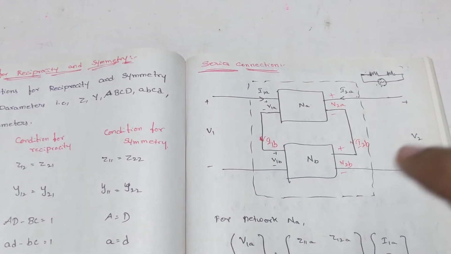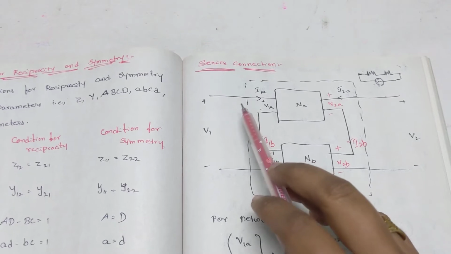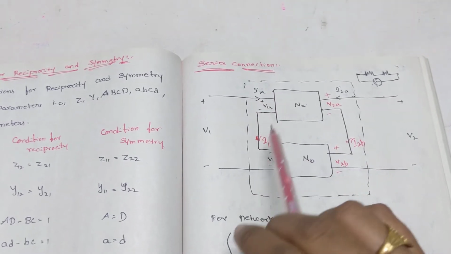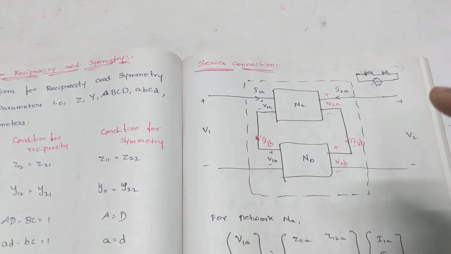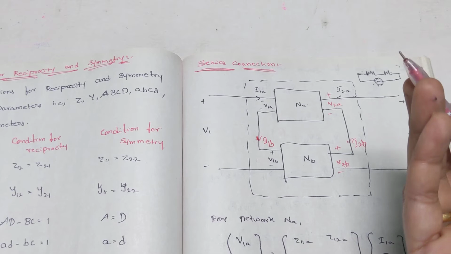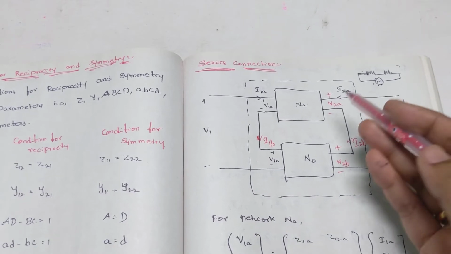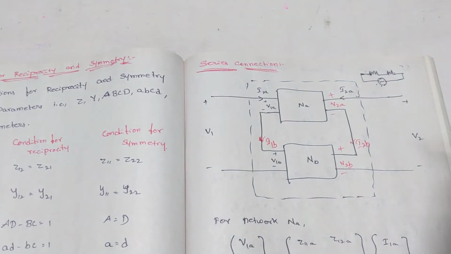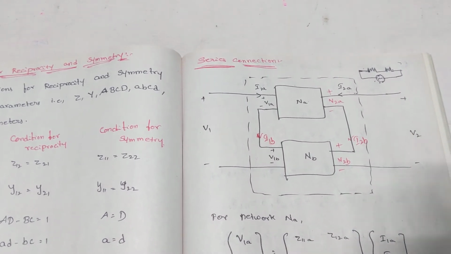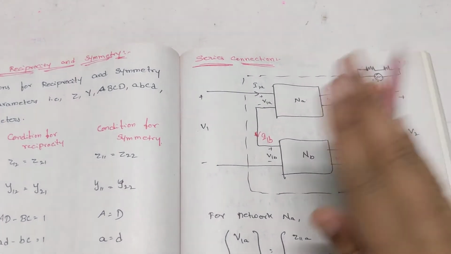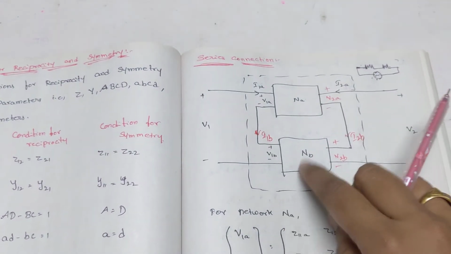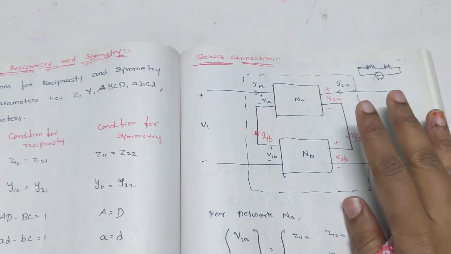And the next one, what is the current? Whatever current flows through your input terminals, I1A should equal I1B. Then only I say that the current condition in series is satisfied. In a similar fashion for your output terminals, I2A should equal I2B. These are the conditions. Please understand the conditions. To satisfy your series connection, these conditions should be satisfied.